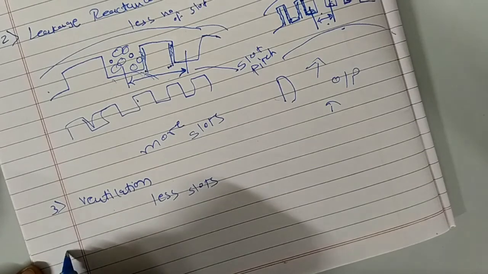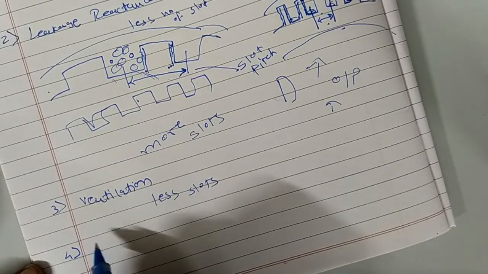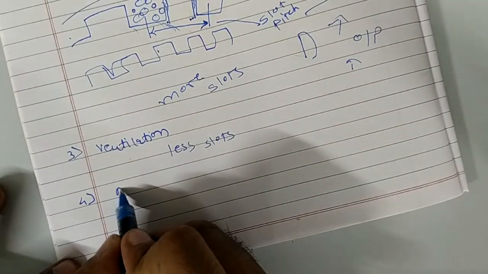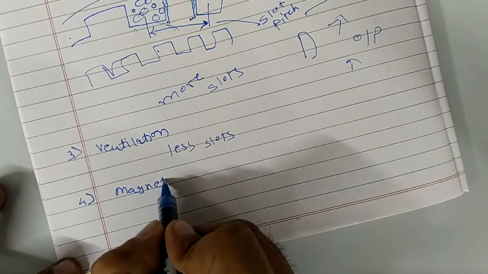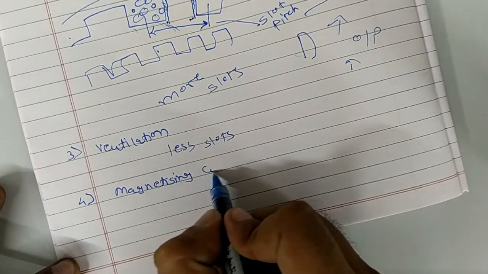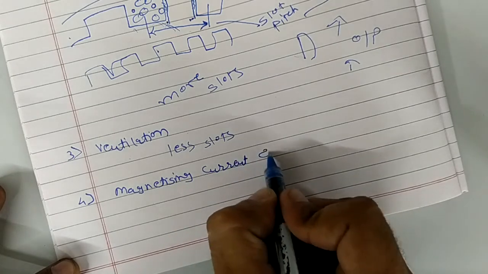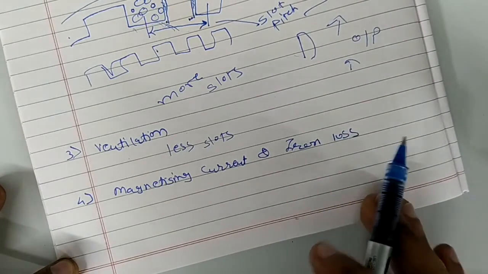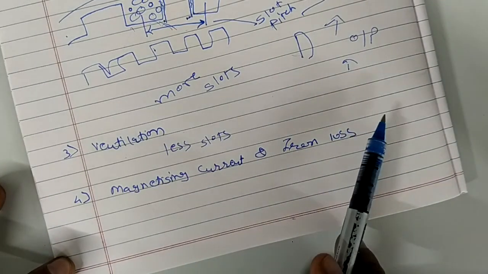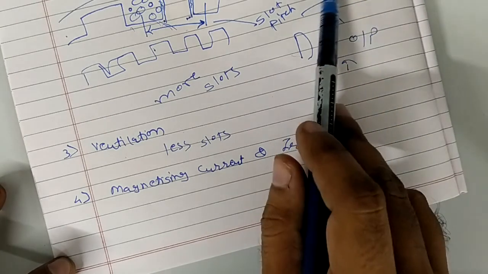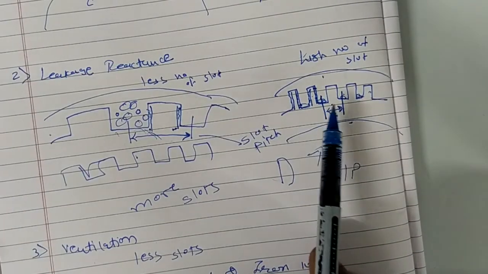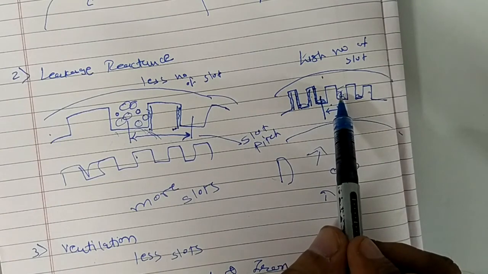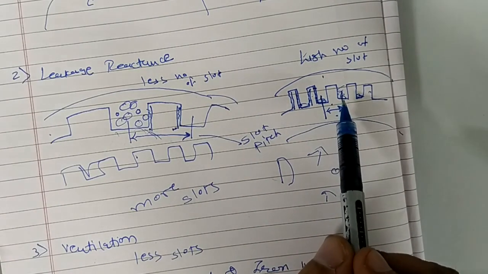The fourth point is magnetizing current and iron loss. You are already familiar with the magnetizing current, I mu, and iron loss. For a large number of teeth or slots, the tooth area is less, so the flux density becomes high.